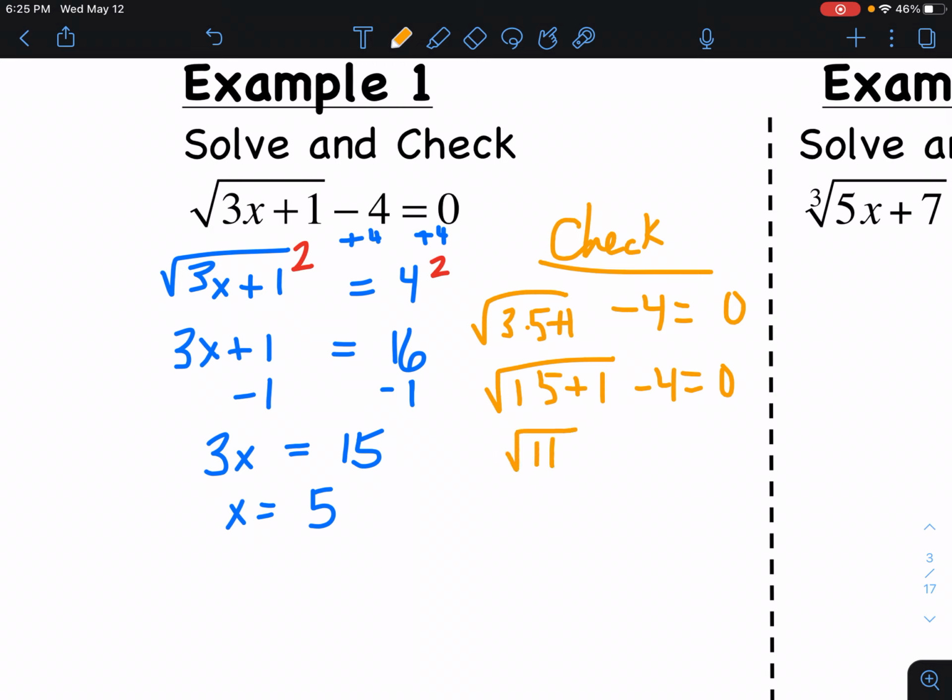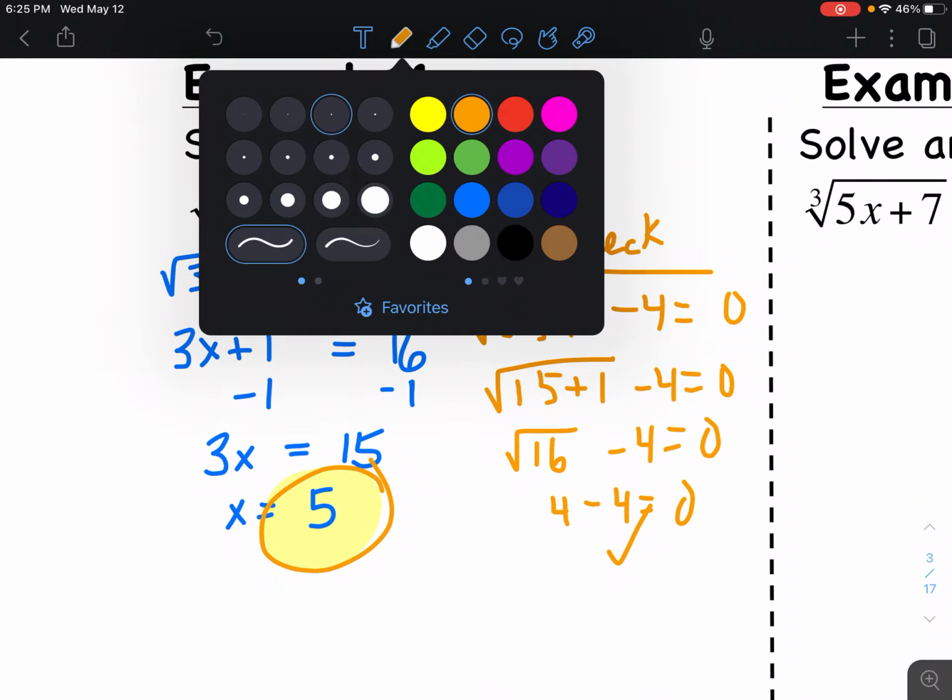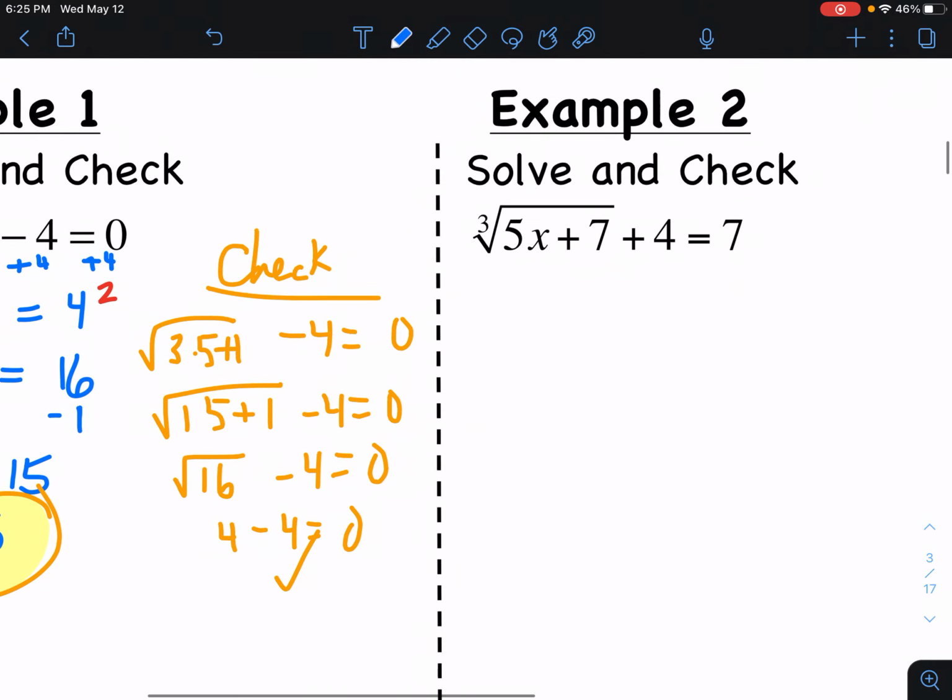That'll be square root of 16 when you add them. And then 4 minus 4 is 0. That is true. So 5 does work out. That's our solution. Okay, moving on to the next problem.